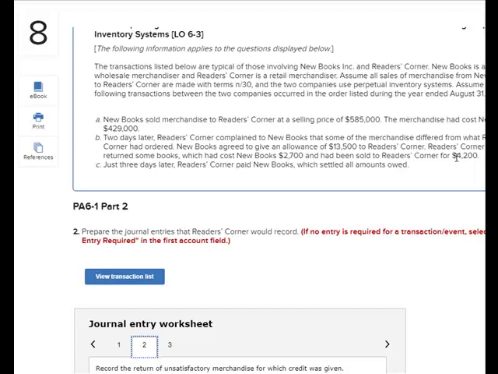And not only will accounts payable be decreased, but also inventory, because we are sending some inventory back, plus the inventory now cost us less because of this allowance. So we will credit inventory for the total of these two figures.